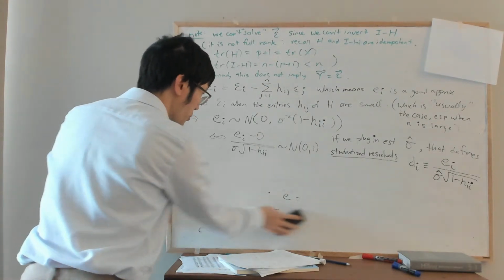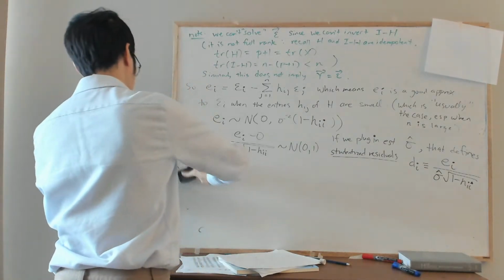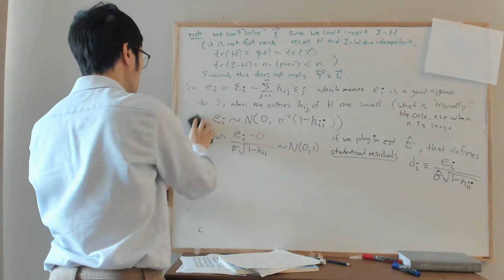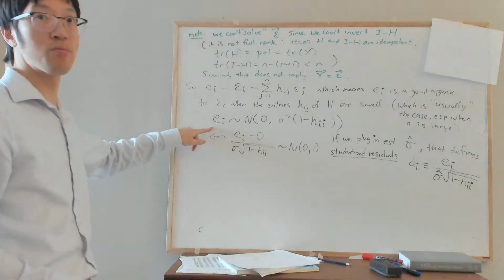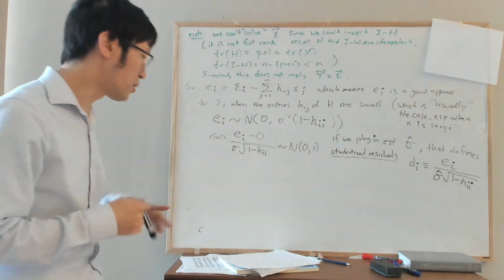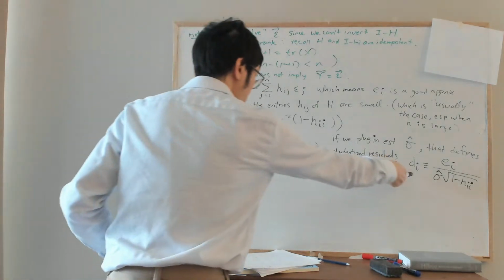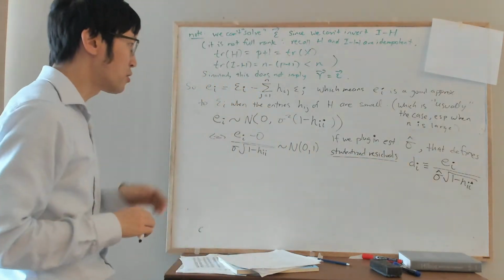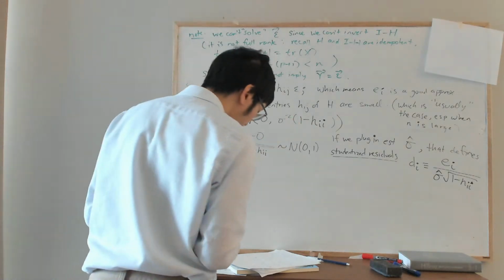With that said, for practical purposes, it's standard practice to check our model assumptions simply using the residuals, e_i. But it's also, of course, possible to use these studentized ones, which get rid of this 1 minus h_ii term.